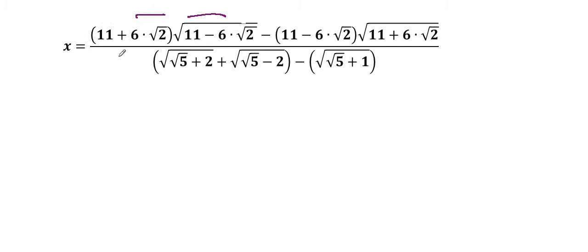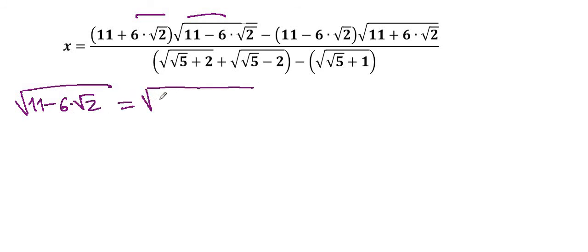So now let's start from the radical of 11 minus 6 times square root of 2. As we can see here, we can express this as 3 squared minus 6 times square root of 2 plus, to get 11, square root of 2 squared.